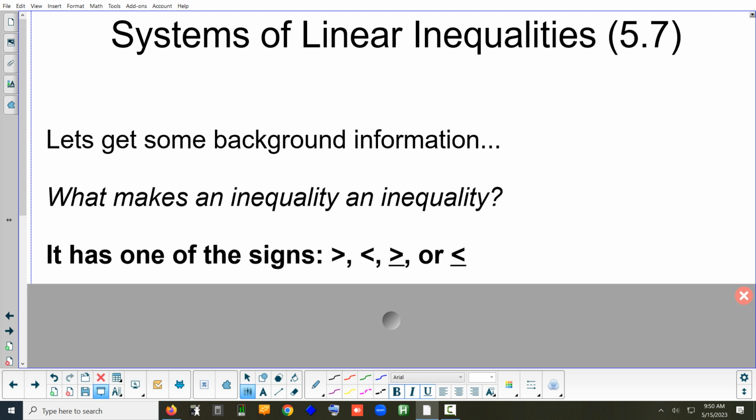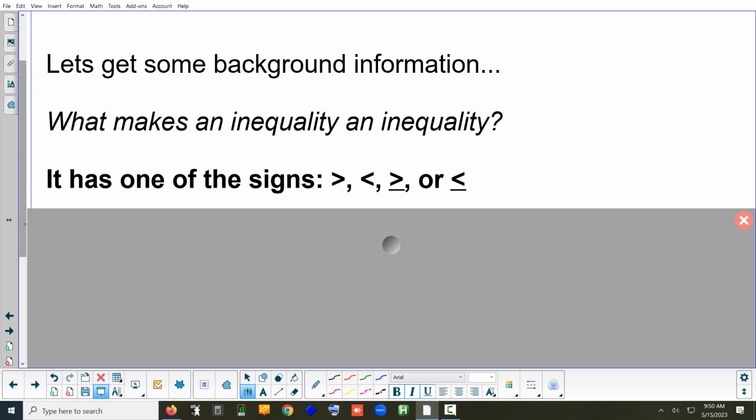Sean, how do you read the third one? Greater than or equal to. Yep. And the fourth one, Alyssa, how do you read that one? Yep, less than or equal to. And depending on what symbol you use here, it's going to tell you whether you need to shade above or below the line, and you need to make the line solid or dotted.